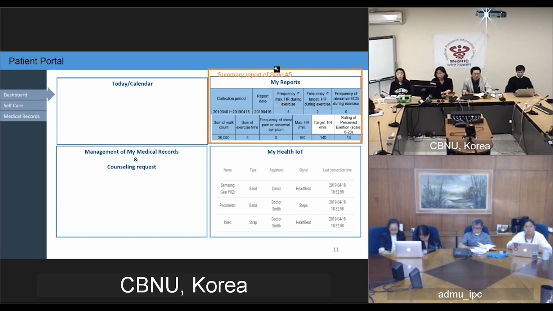The my record section will display the summary report of the life log data for the cardiac rehabilitation for the last 2 weeks. And my health IoT will show the patient's wearable device list. So you see here the 2 smartbands and 1 ECG sensor.